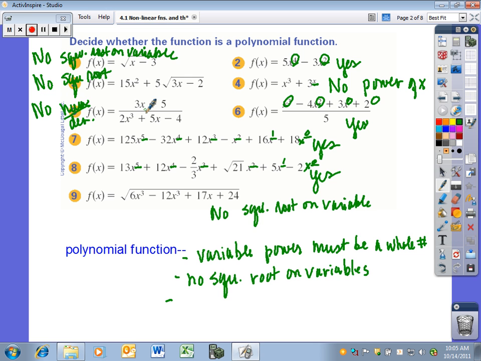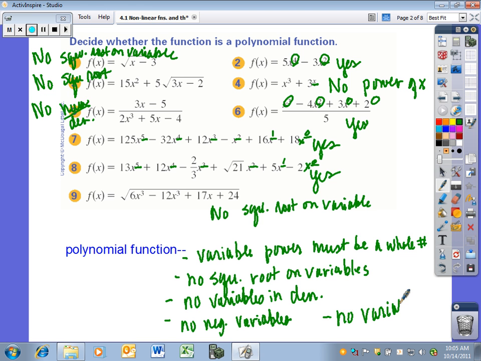No variables in the denominator. No negative variables, which does mean they wouldn't be whole numbers, and no variables as exponents. So you're just going to look at the variables and the powers on those to see if you have a polynomial function.